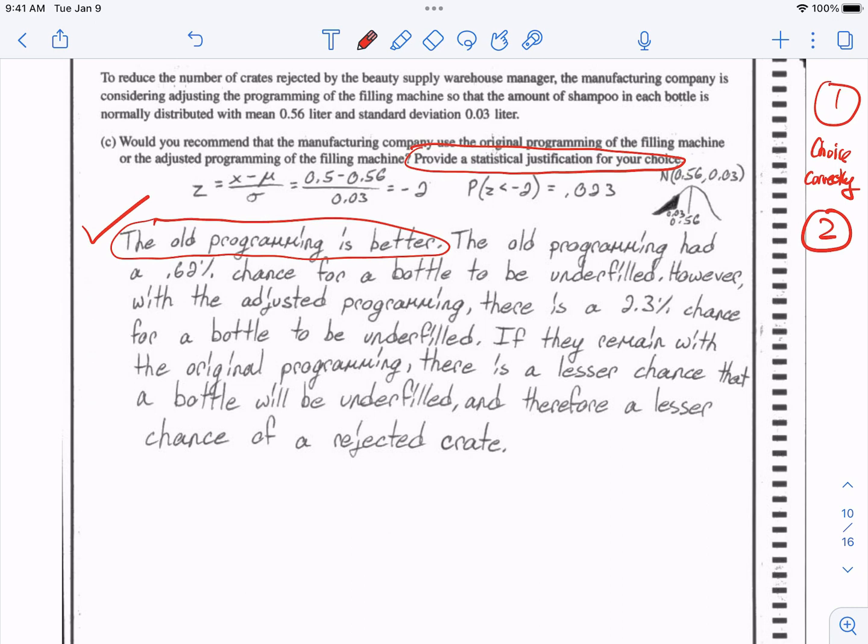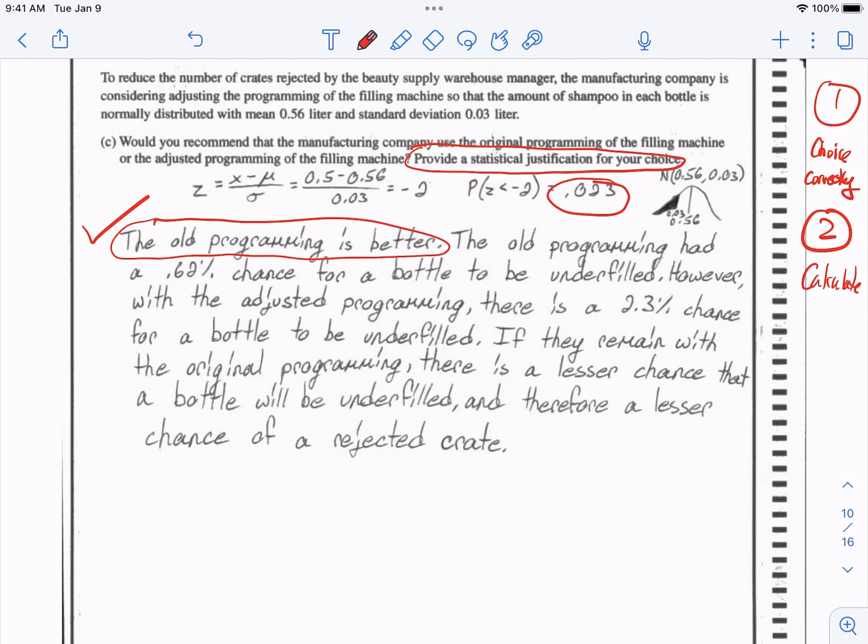Well, that sounds a little deep, but all they really had to do is calculate the adjusted probability, which was 0.023, and then they had to compare it. And this was the part that a lot of students didn't do. This is one of those nuances in communication that I harp on, and you probably harp on, that anytime you're making a choice between 2 things, you must actually compare them.